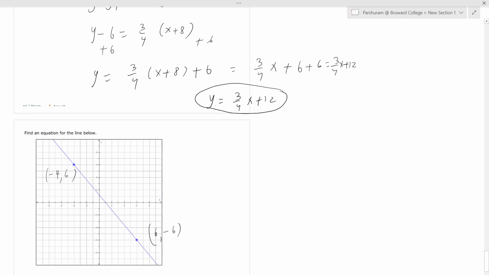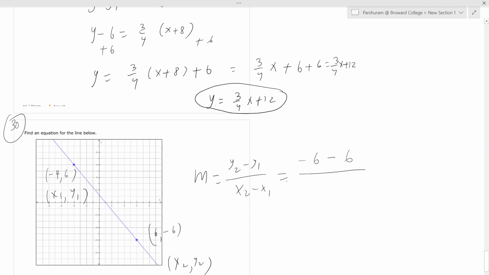So this is problem 30. I can find the slope first, which is y2 minus y1 over x2 minus x1. Let's assume that this is x1, y1 and this is x2, y2. I'm going to put y2, which is negative 6, y1 which is positive 6, x2 which is positive 6, x1 which is negative 4.